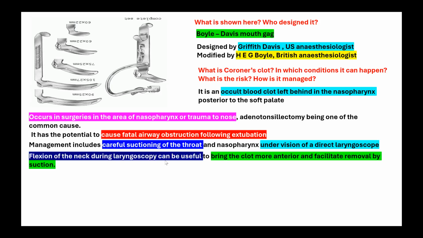So this is how you have to do it. By flexion of the neck during laryngoscopy, you can bring the clot more anterior. You can remove it easily. So these are all the points that you have to remember. What are the challenges in anesthesia for post-tonsillectomy bleeding and how to manage? This is another common question in this particular case scenario.